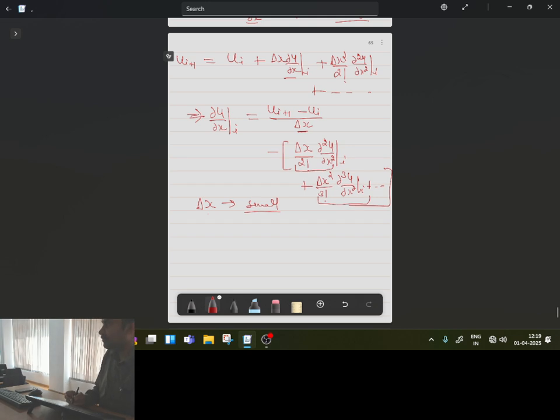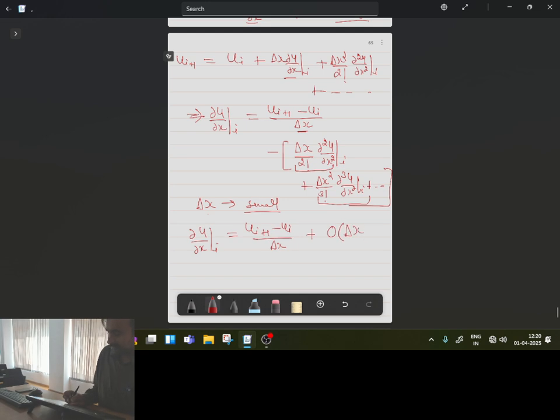First term will be of dominant magnitude. So if this term is dominating and I am neglecting all the other terms, then I can say that my del u by del x at point I is equal to ui plus 1 minus ui by delta x plus order of delta x.